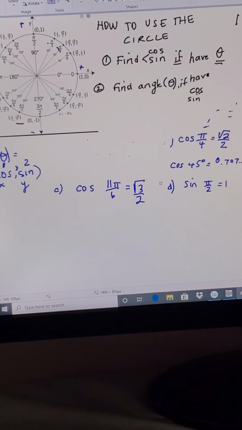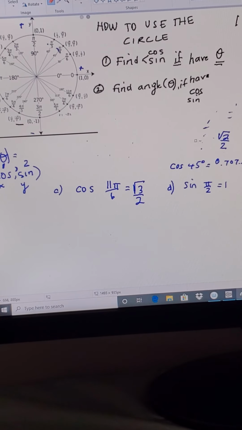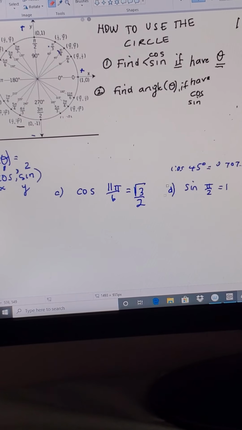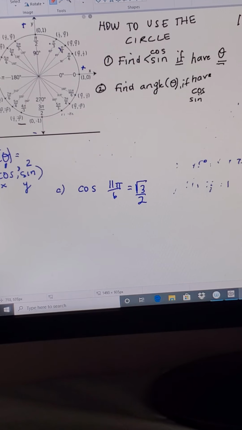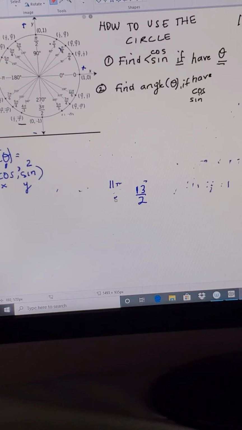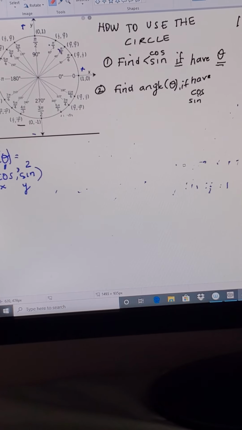I want to go over the second way to use the unit circle. It's got to be a better way, but you can always forward this part.